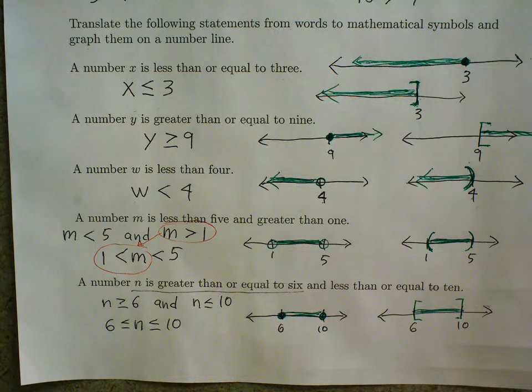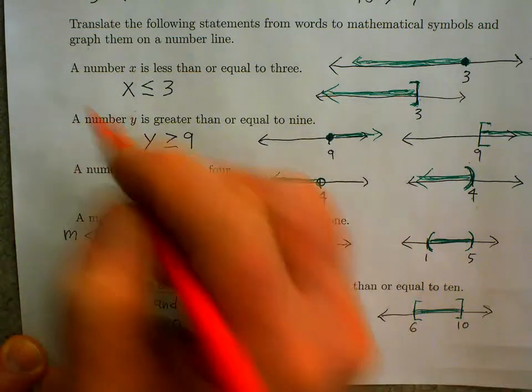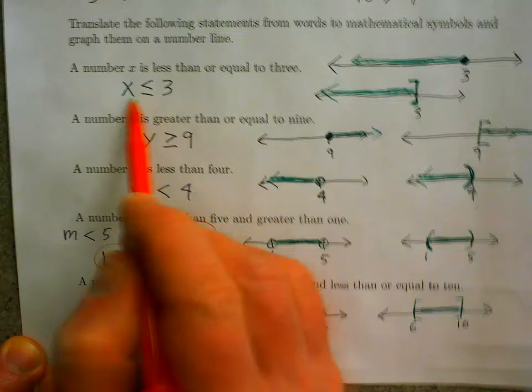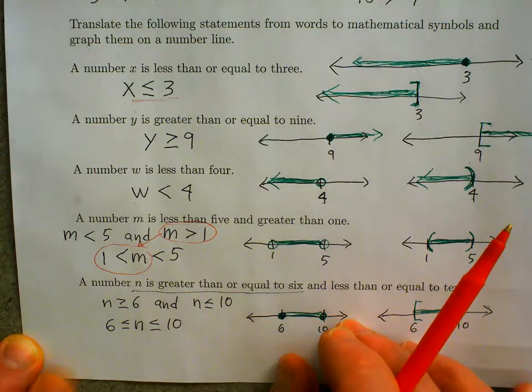Okay, we'll do a few more exercises involving inequalities and graphing them, but we'll also learn a new notation for inequalities. These inequalities that we've been writing, these are all algebraic notation.